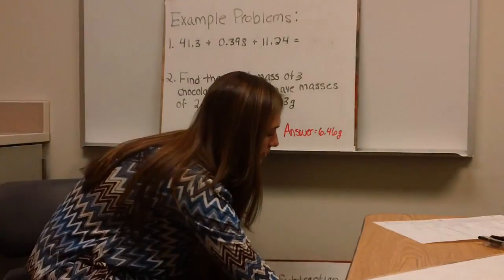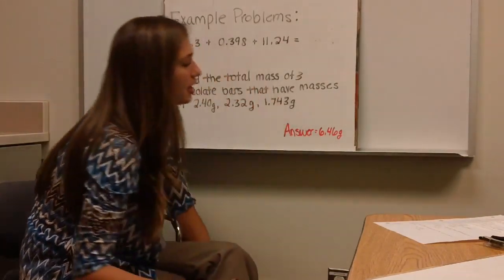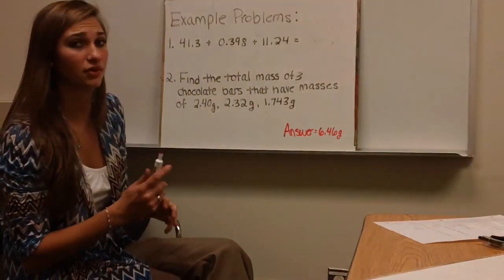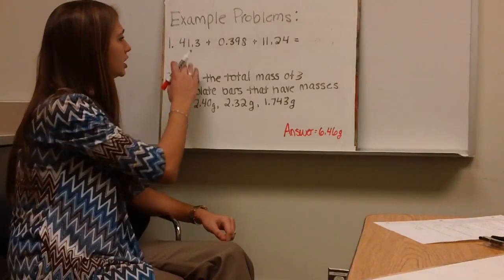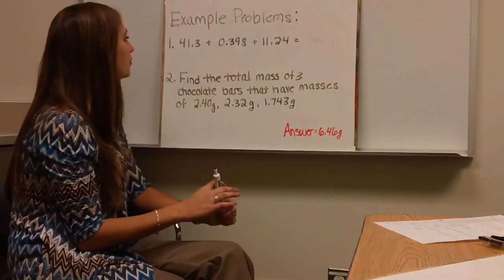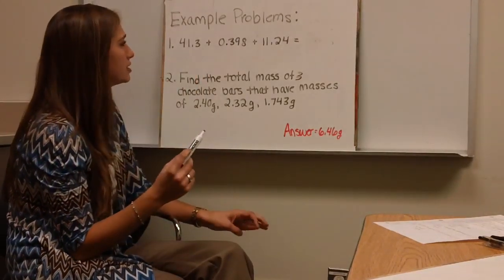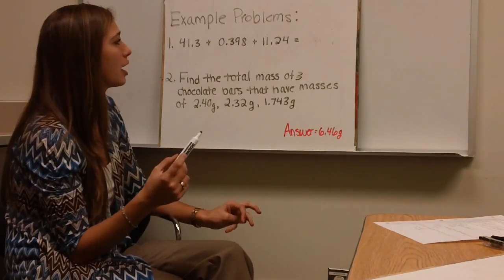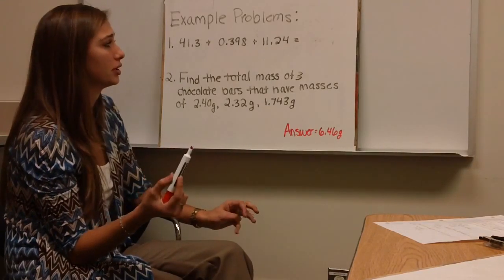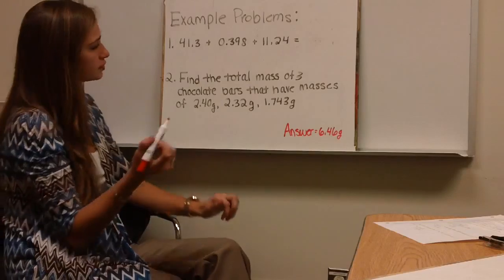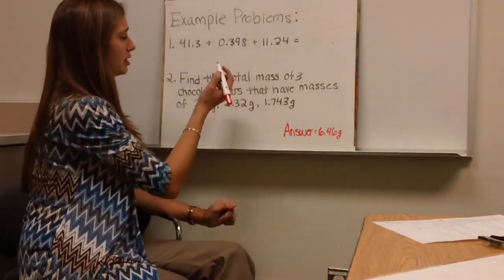So let's do one example together, and then for the second example I have the answer up that you can try on your own. So here we have 41.3 plus 0.398 plus 11.24. So what we want to do is we want to add these all together.